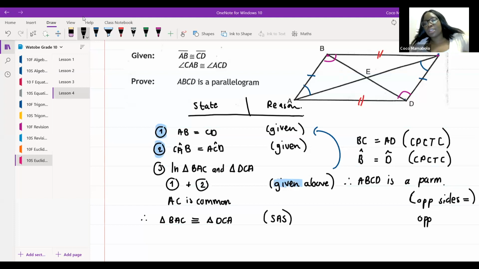Opposite angles of a parallelogram are equal. I'm paraphrasing, guys. You need to write opposite angles of the parallelogram, and then you can do the equal sign. So you must add in the parallelogram part. We need to make sure that we're naming the properties that we do.